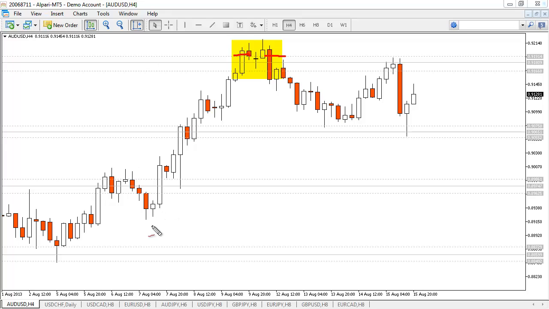Price is going to go through areas of support resistance all the time. In this case it went right through it, then it comes back down to it here, and it bounces straight off it. So just because it broke through it at this point, it doesn't invalidate the support resistance. When price comes back down to the area, it bounces off it. So yeah, I don't remove support resistance just because it's been broken.